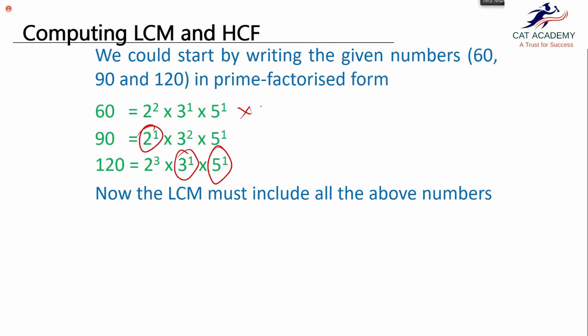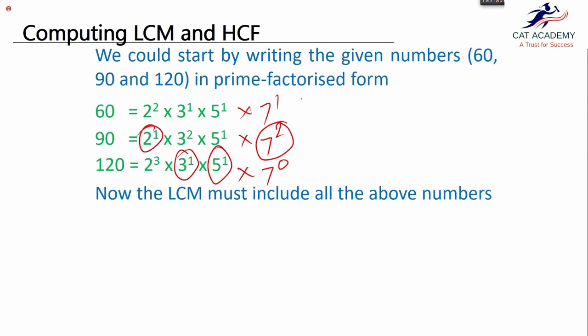Now tell me, had it been 7 raised to 1, 7 raised to 2 and nothing, what would happen to my LCM? LCM would get multiplied by 7 square, but HCF, highest common factor, that would not change, because when I don't have anything to compare here, it's like 7 raised to 0.